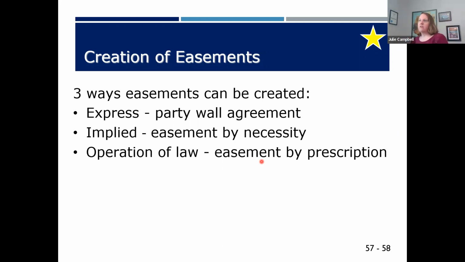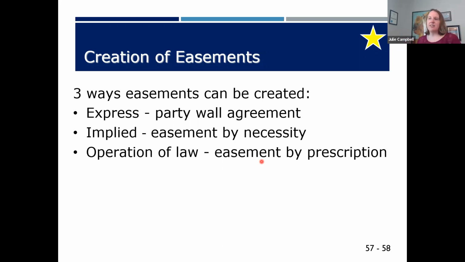The party wall, for example. An implied agreement is one that's not been clearly stated, but is demonstrated by actions. We're going to talk more about express and implied when we start talking about agency and contracts, all that good stuff.